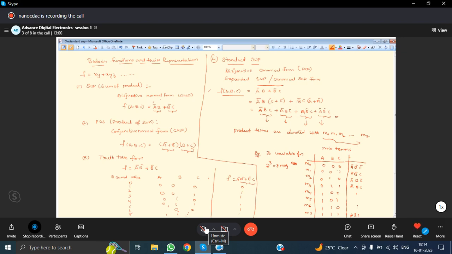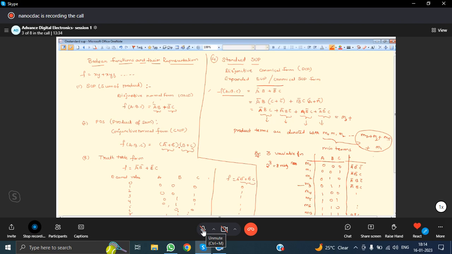A bar B C is giving 3, so M3, plus A bar B C bar, which is 2, plus M2, plus A B bar C, which is 5, plus A bar B bar C, which is 1, M1. In chronological order we have to put M1, M2, M5 and M7.